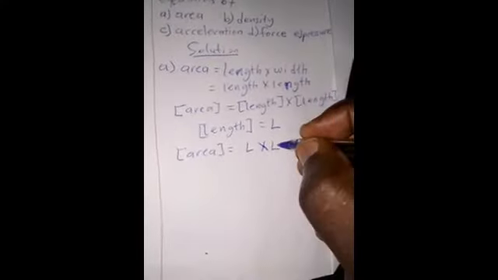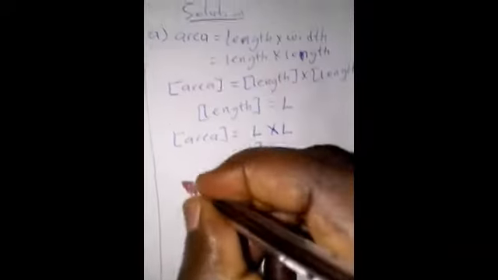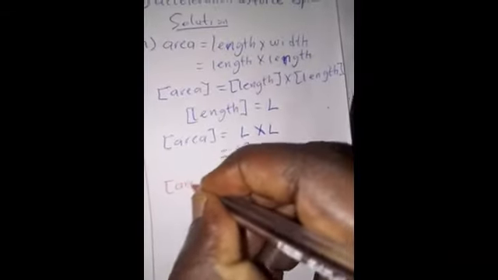The bases are the same, so we just add the powers. We have a power 1 over here, so when we add, we get L power 2. So hence the dimension of area becomes L power 2. That is the final answer for A.